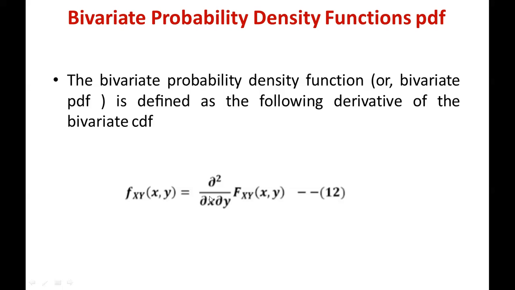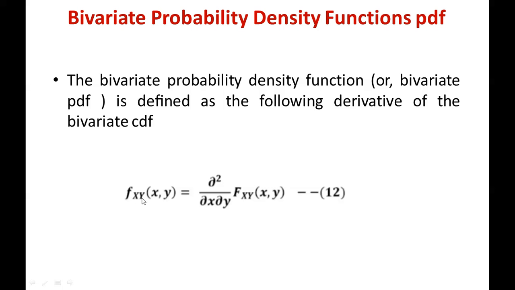Note the difference. The PDF is represented by small f and the CDF is represented by capital F. The subscripts should be written with capital letters. Here, bivariate indicates two random variables, so we write XY.